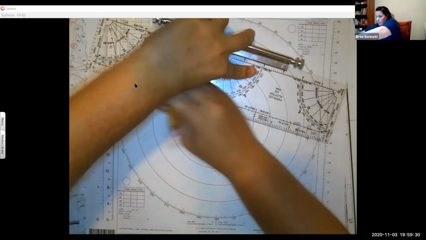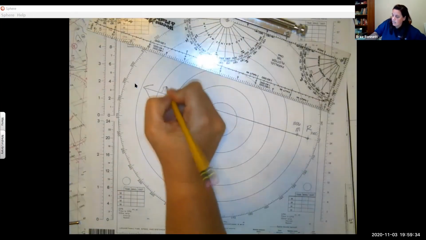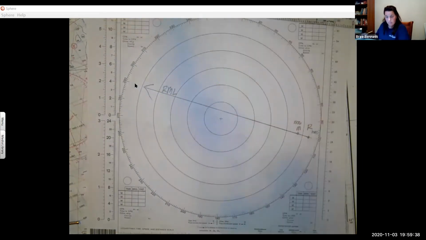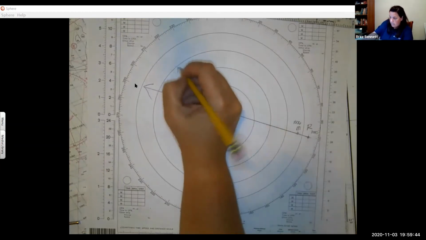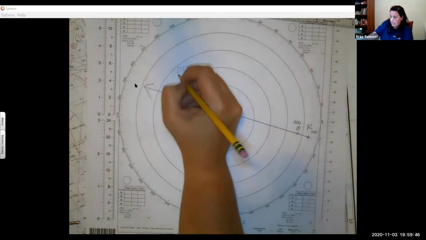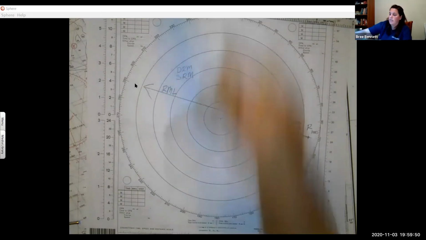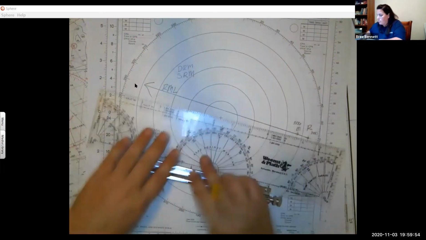R to M gives us our relative motion line. So we want to figure out what our direction of relative motion and our speed of relative motion is. To figure out our direction, we have to parallel this relative motion line.